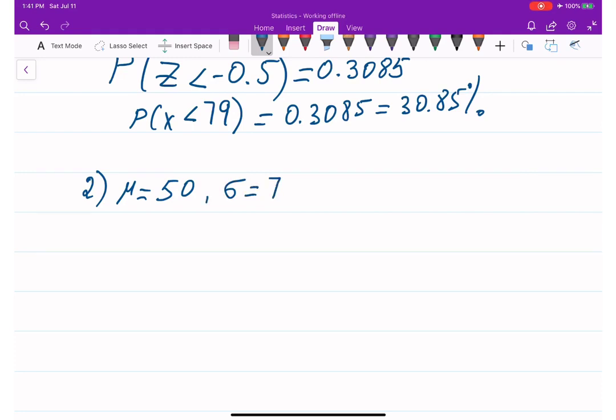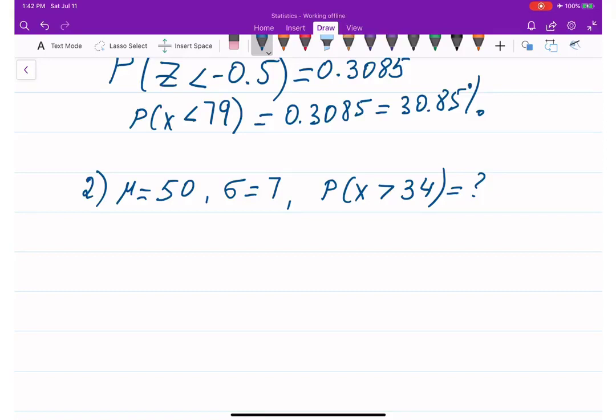We need to find the probability of X greater than 34. This is interesting. I just told you that our table is showing less than, which is left tail. So how are we going to deal with greater than?